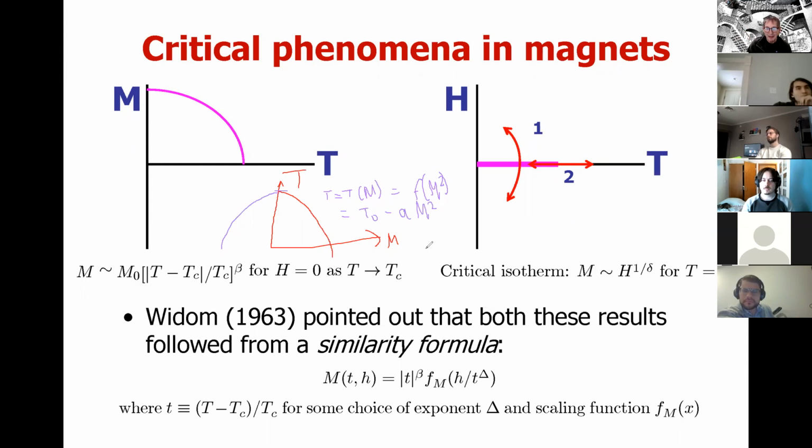And so if I inverted that, then M is going to go like (T naught minus T) to the 1/2 power. So there you are, there's a 10-second theory for what the shape of this curve would be.